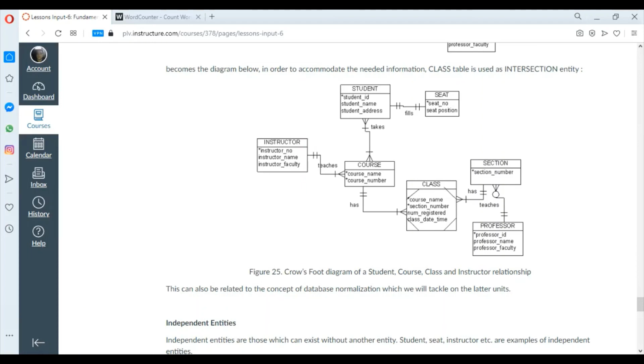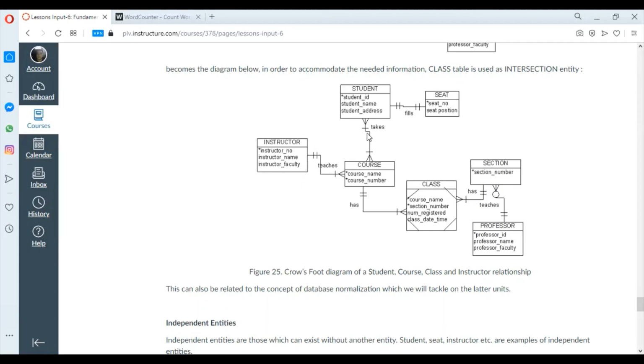For any clarifications, you just need to contact me via our Discord server if you want other examples. But try to break down this diagram. The easiest thing that you could do if you want to deconstruct this is you could write the business rules. Let's say, for example, one student takes one or many course.